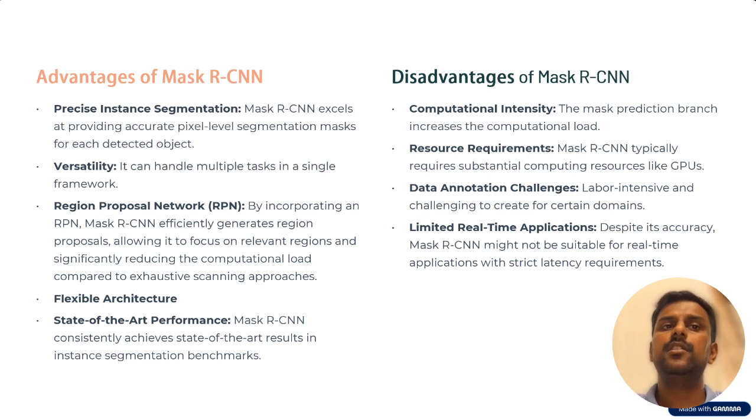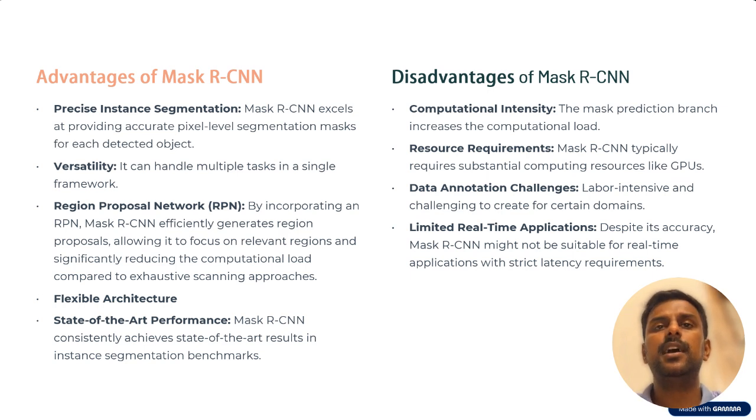We also have the region proposal network, which works in the background as a second step to ensure the model works perfectly. And we have a flexible architecture, and state-of-the-art performance results were achieved using Mask RCNN.